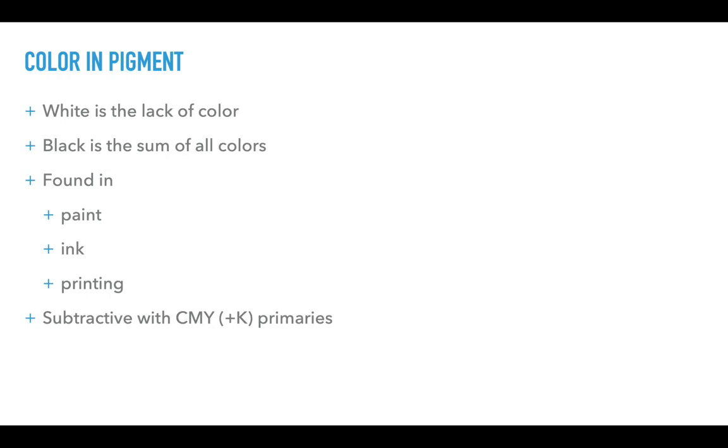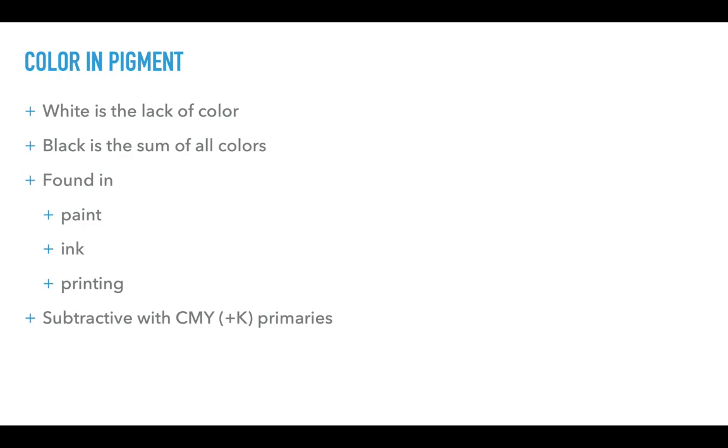The other way that we look at it is through design. It's known as pigment, or using paint, or using ink, or in our sense, most often printing. And it's the opposite mode. So we have lack of color, everything's white, and we add, and our primary colors in this method are CMY, cyan, magenta, and yellow.